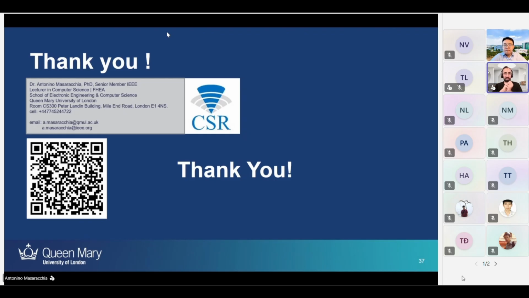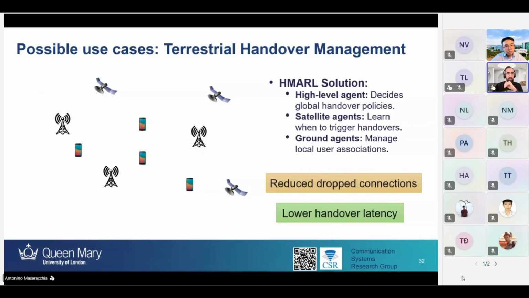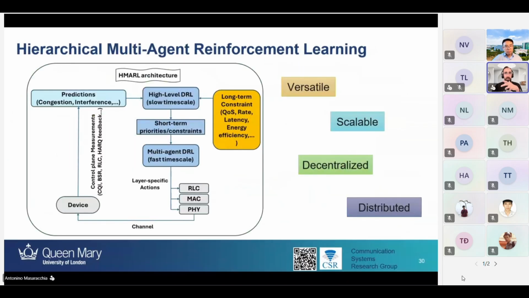Thank you very much, this is a very good question. I'll go back to the slides in a second. As I said, in the main architecture we have long-term decisions. We have, for example, quality of service, rate or latency requirements, or energy efficiency requirements that we need to guarantee in both the terrestrial and non-terrestrial network.